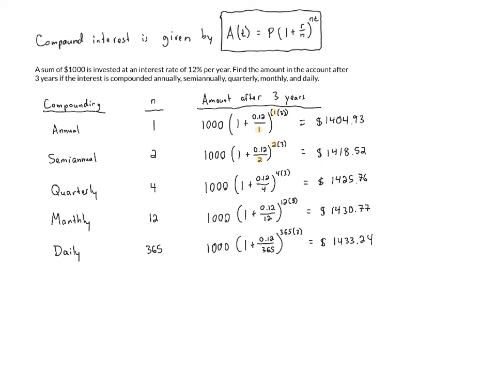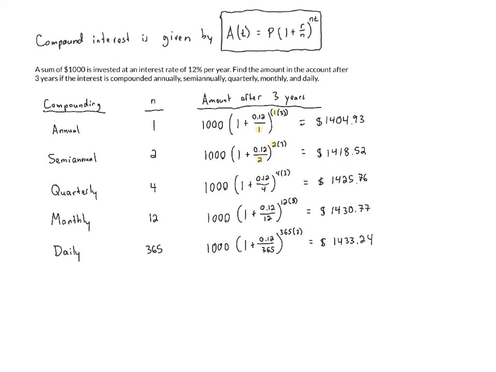Now that might not seem like a huge amount of money over the course of 3 years. However, if we're looking at larger investments, for example, the investments that a retirement fund for an entire corporation might use, having different types of compounding, specifically compounding more often, ends up earning quite a bit of money.